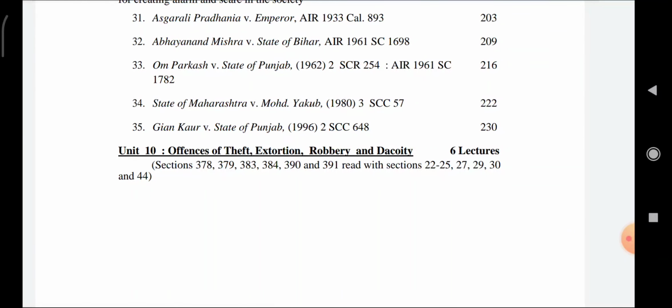Okay, sorry. Unit 10, offenses of theft, extortion, robbery, and dacoity. Why is there a relationship between these offenses? When theft becomes extortion, when extortion becomes robbery, and when robbery becomes dacoity.